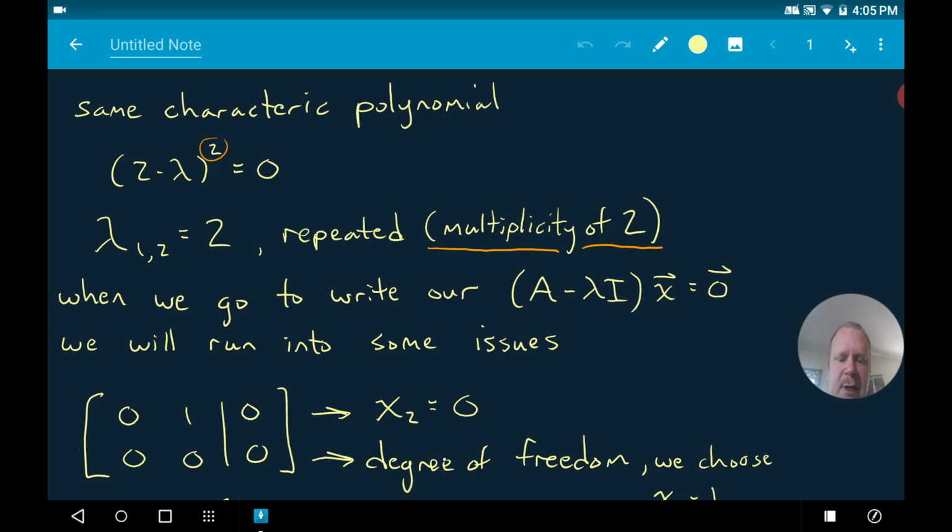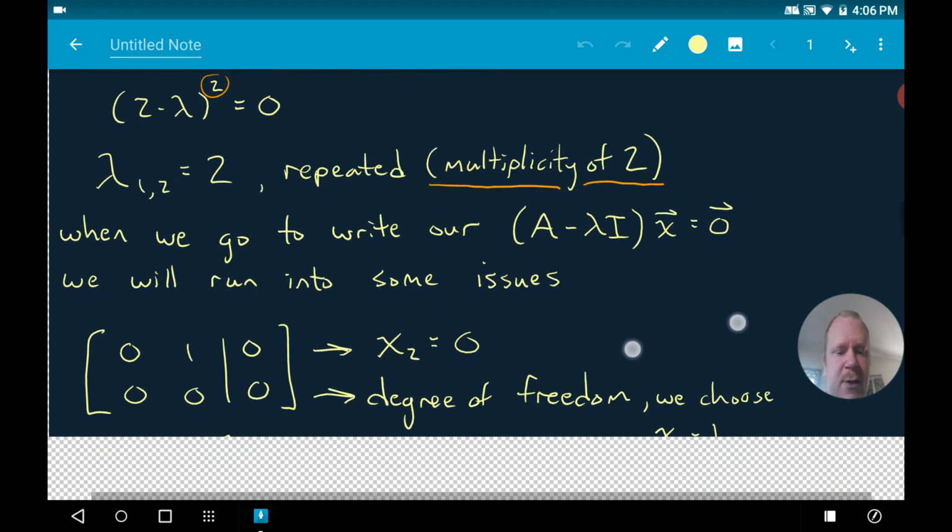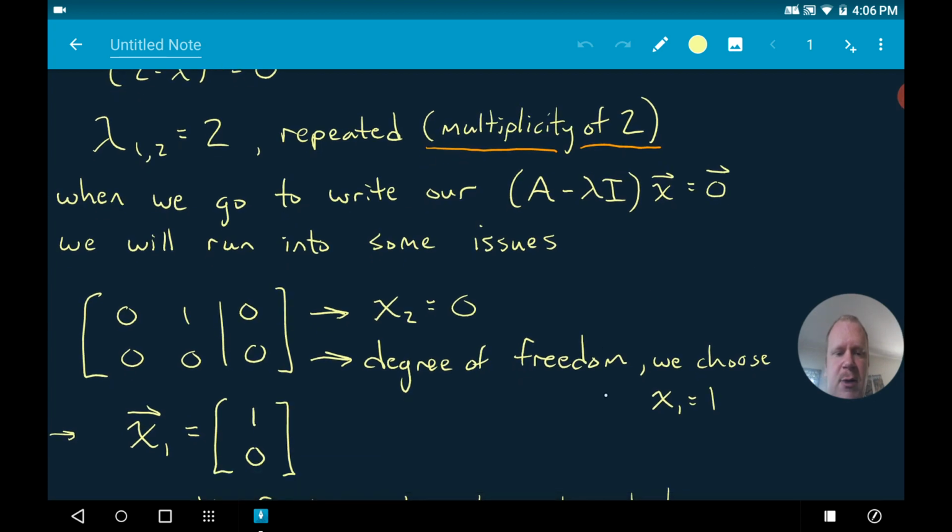My bottom row says that I have a degree of freedom, and my top row says that x2 is going to be equal to 0. So if I want to choose my eigenvector, I'll let x2 be 0, and I'll let x1 be equal to 1 so that I don't get a 0 vector. That'll be the choice that I make. x1 is equal to 1. That means my first eigenvector looks like this.